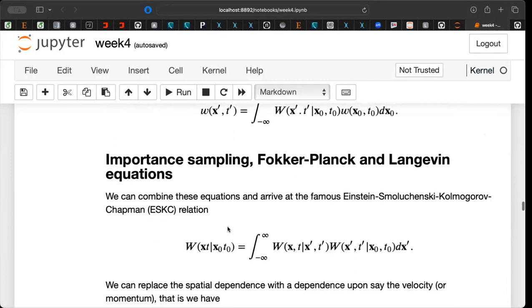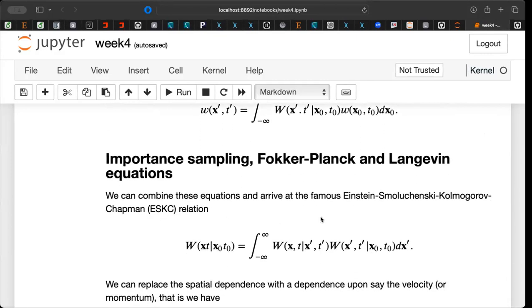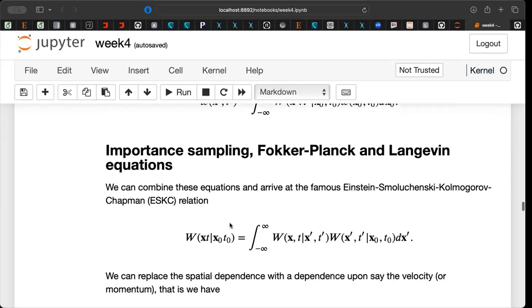Now, this is something you can combine, and this is where these elements from transport theory come in. There is a famous equation, called the Einstein-Smoluchowski-Kolmogorov-Chapman equation, and there used to be a Swedish guy as well, Enskog, but this is the basic famous equation, normally called the ESKC equation.